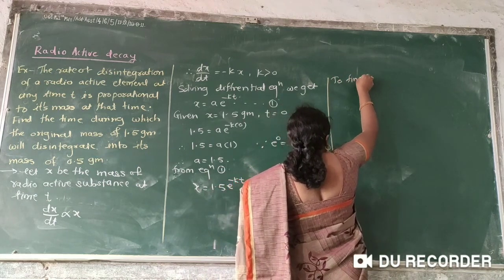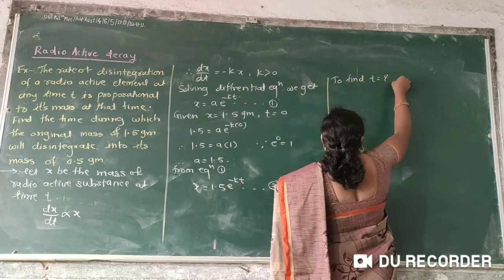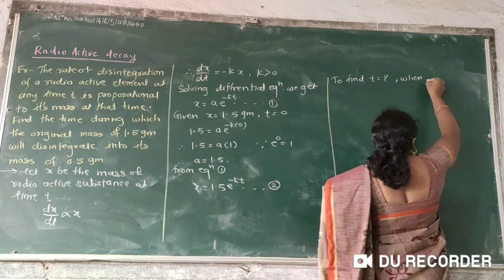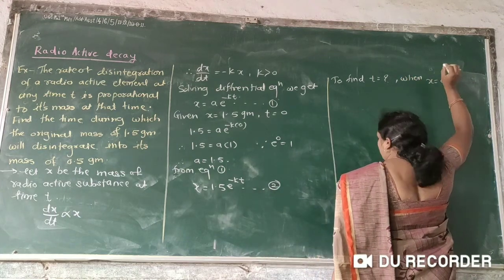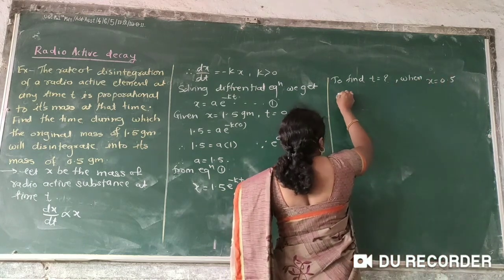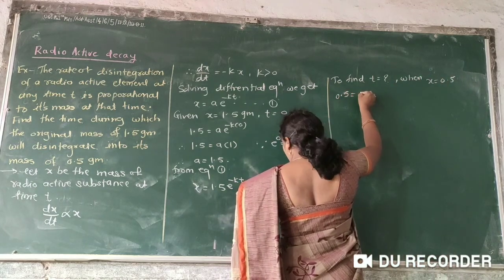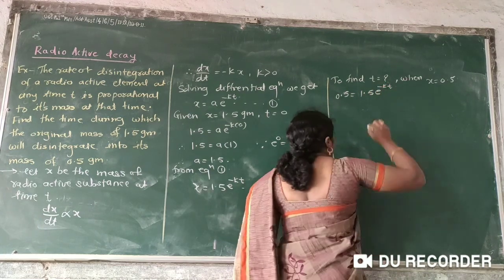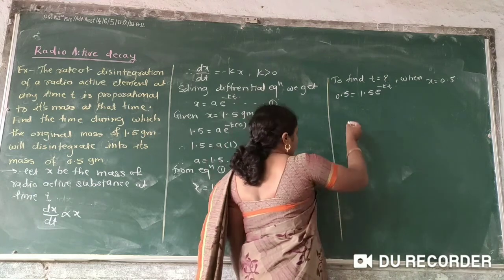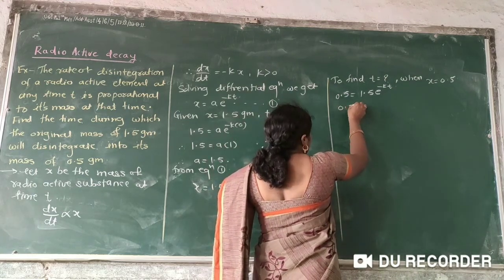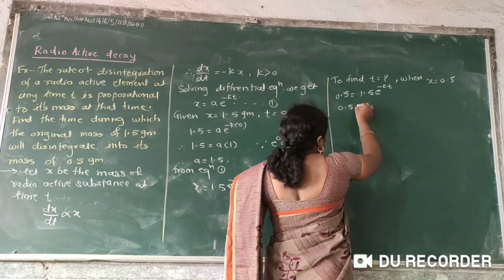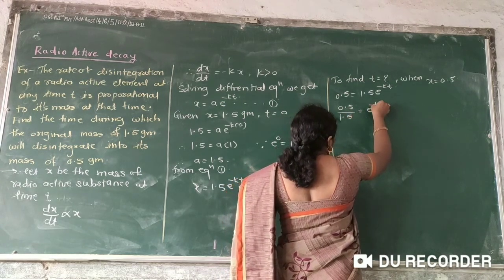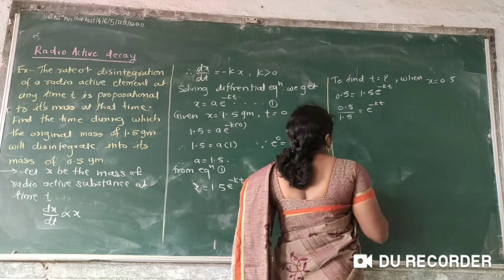To find time t when x is equal to 0.5, we get 0.5 is equal to 1.5 into e raised to minus kt. Solve: 0.5 upon 1.5 is equal to e raised to minus kt.